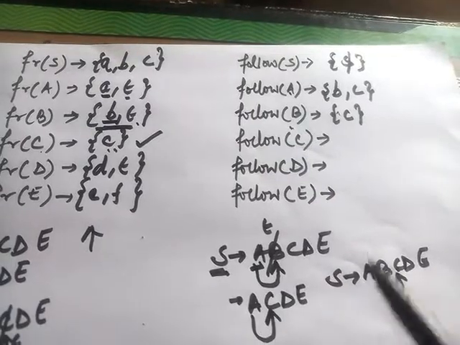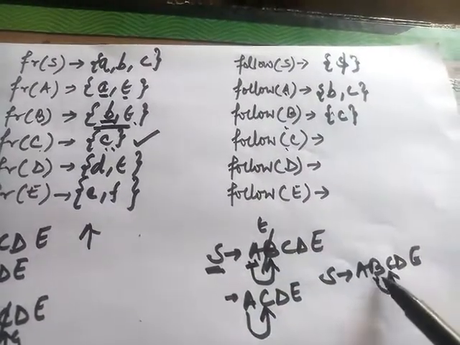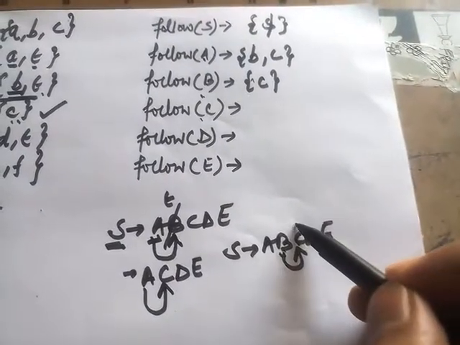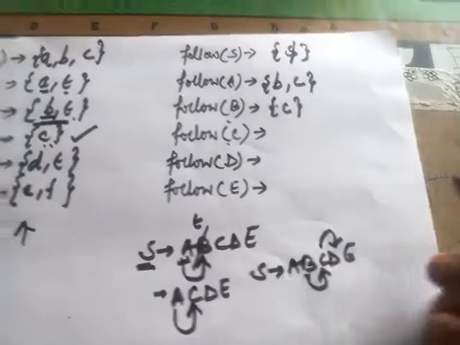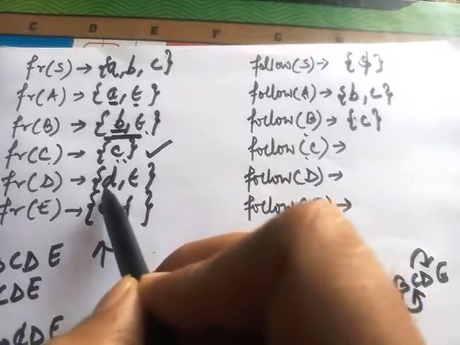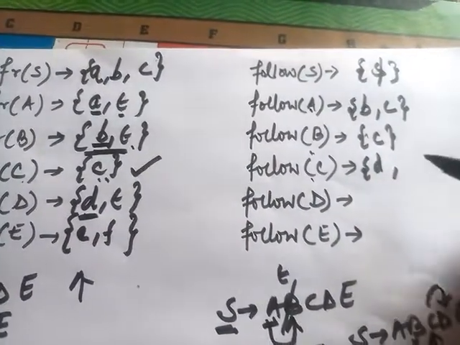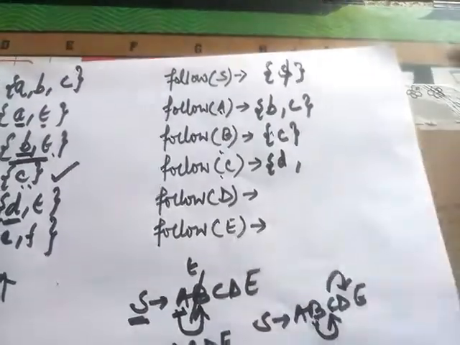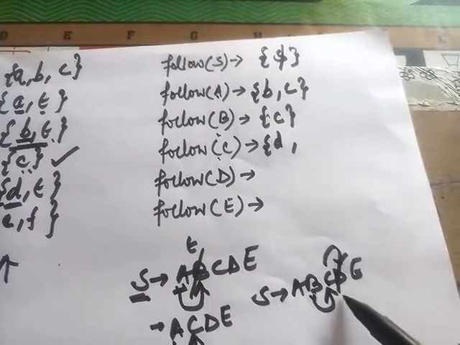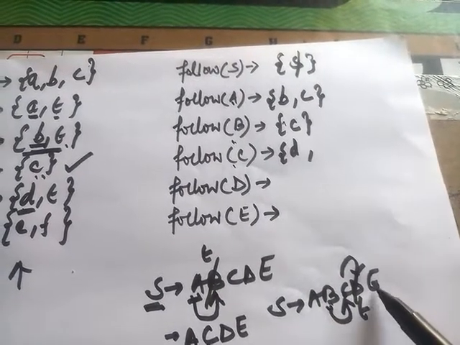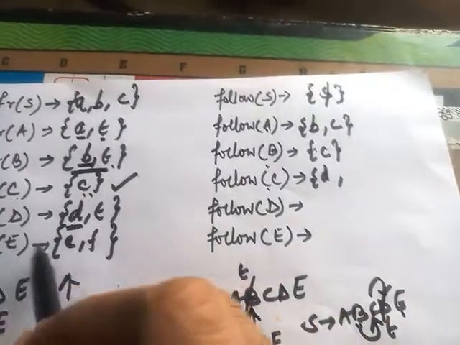Now next, what is follow of C? Means what comes after C? So after C it comes D. So first of D. What is first of D? First of D is small d and epsilon. So we substitute epsilon over here. So follow of C is first of E. What is first of E?